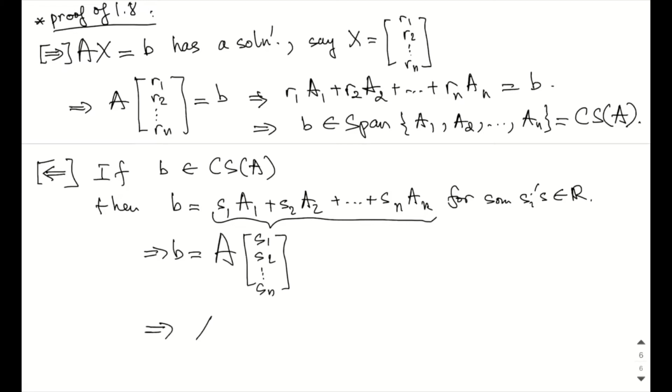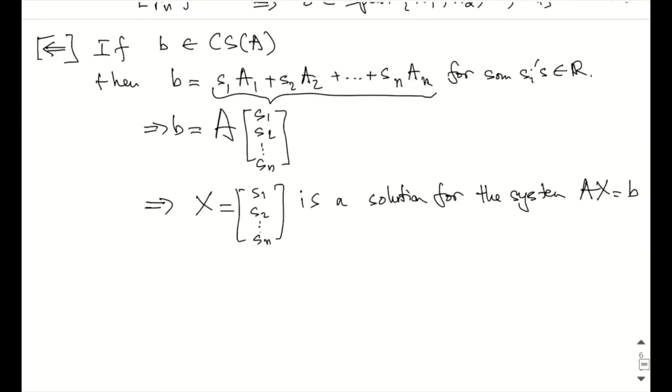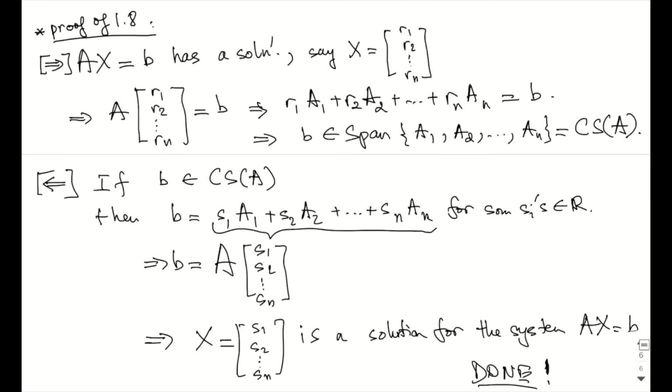So this implies that x equals S1, S2, Sn is a solution for the system Ax equals B. And we are done. We have at least one solution, right?